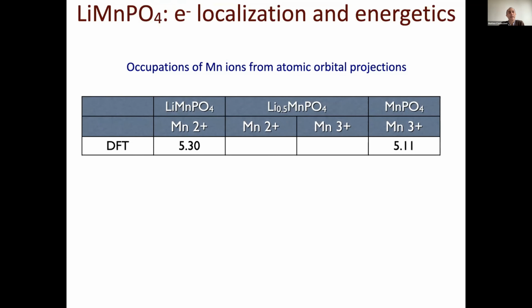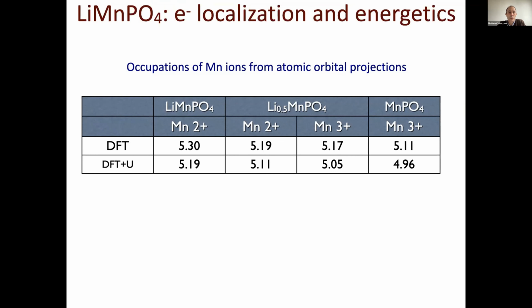So we want to do basically the same as we were doing before, checking whether in this case we also get a nice mixed valence ground state for when the material basically only contains half of the lithium it can take. If you do, of course, calculations with DFT, you don't expect much because we have learned this lesson before with the cobalt material.